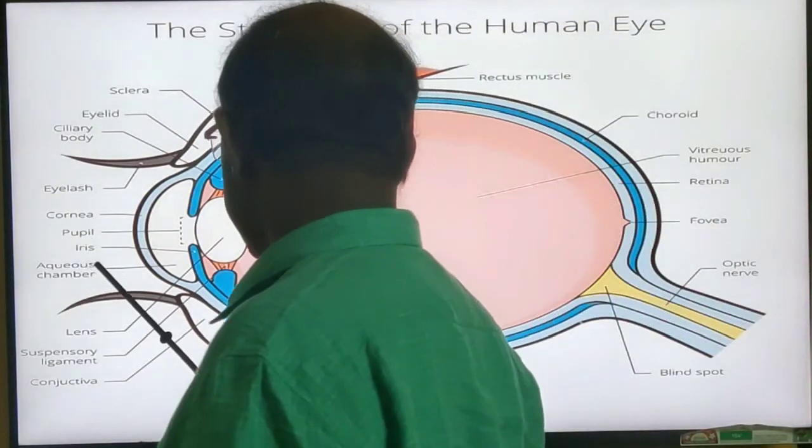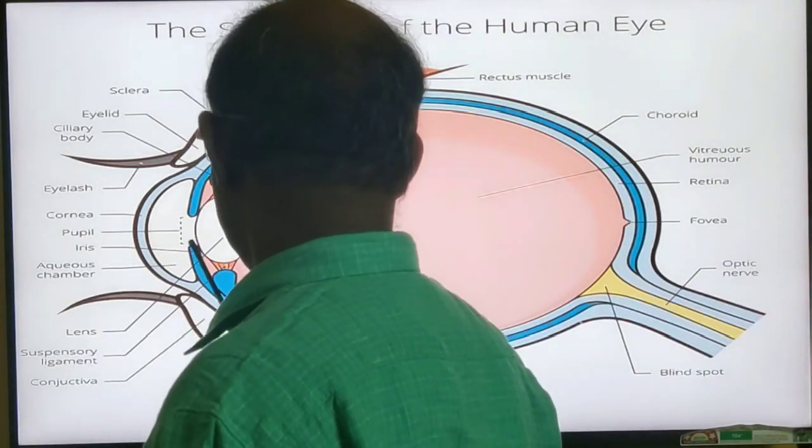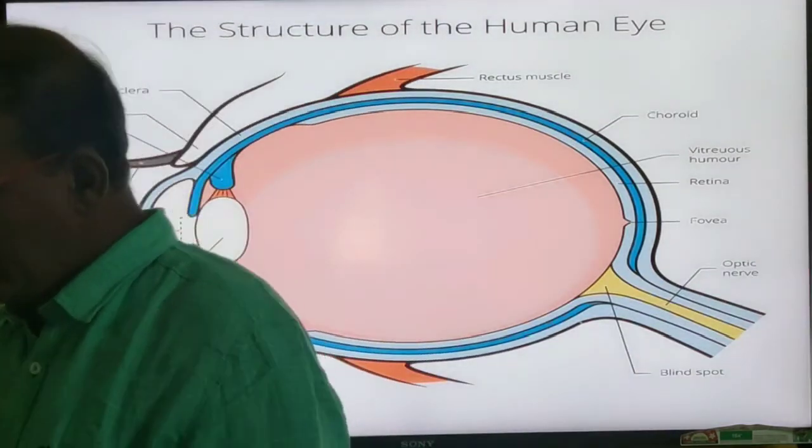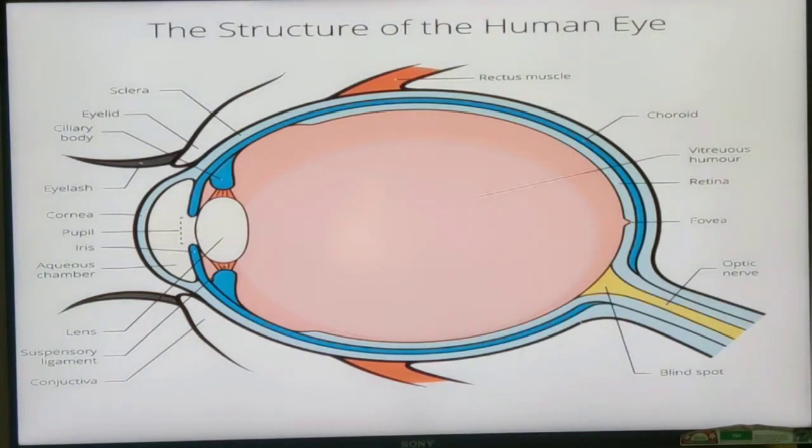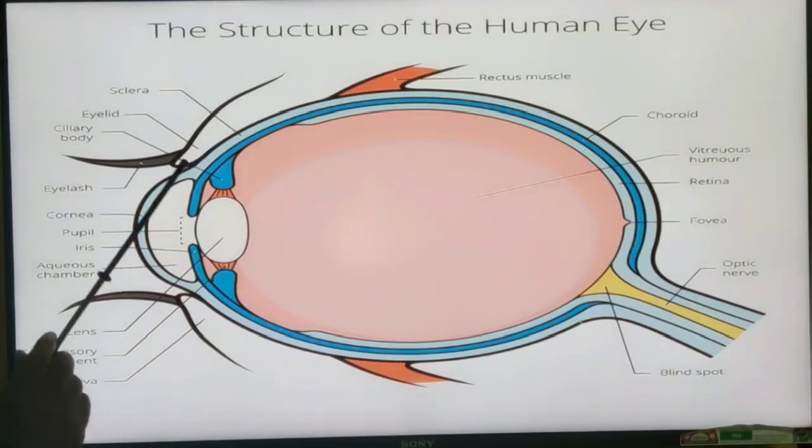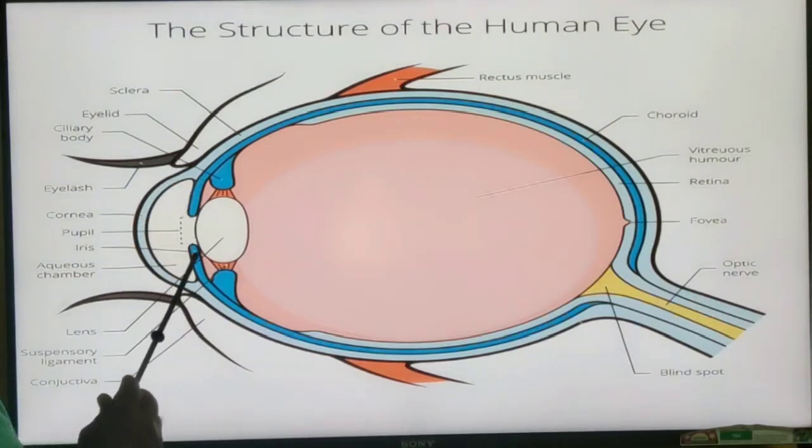Then the third one is the iris. It is the forward segment of the ciliary body, and it occurs in different colors: black, blue, green, grey.